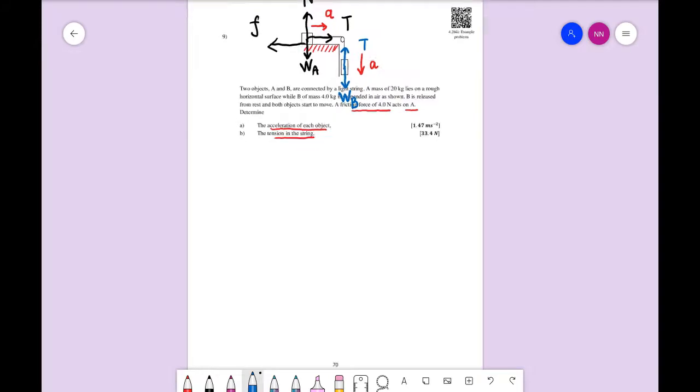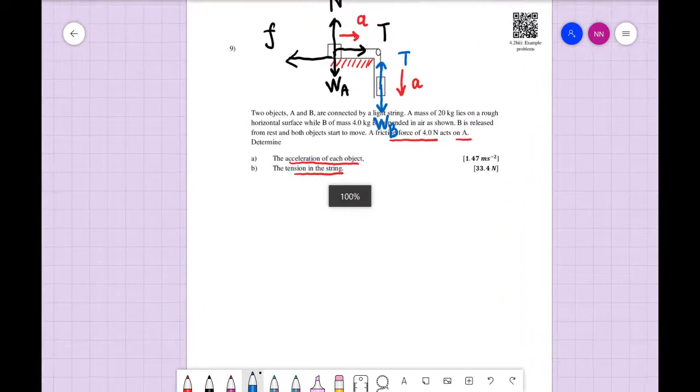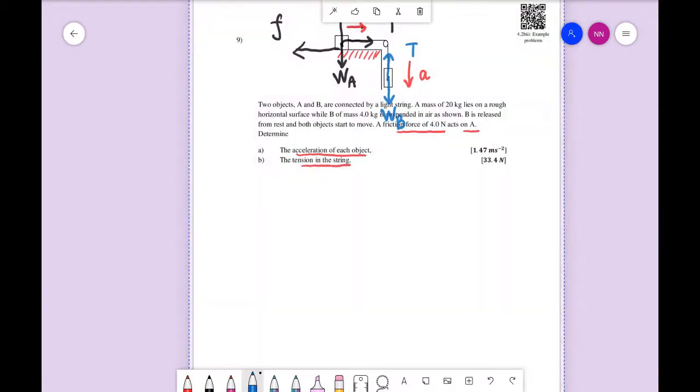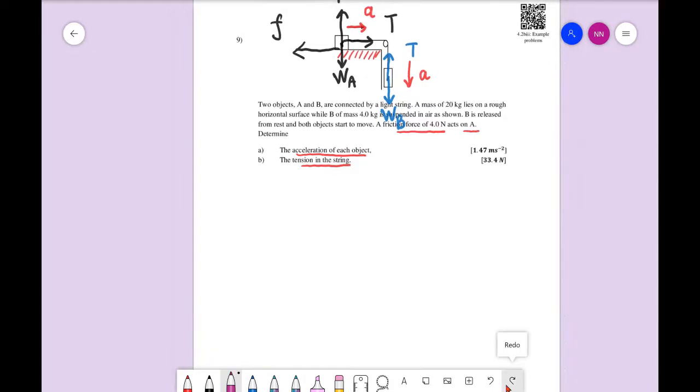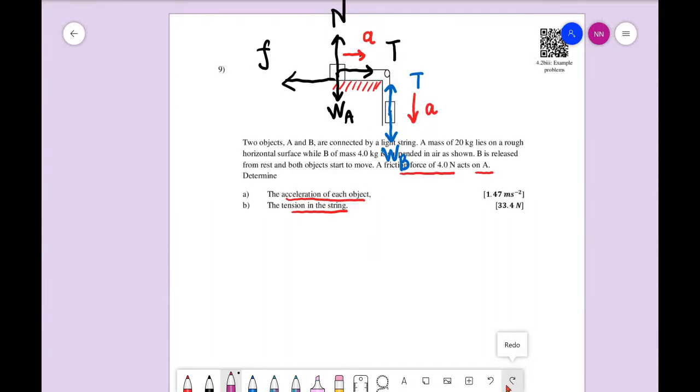So let us solve one by one. Maybe we can draw free body diagram for each object first. So for object A, it has normal and weight.